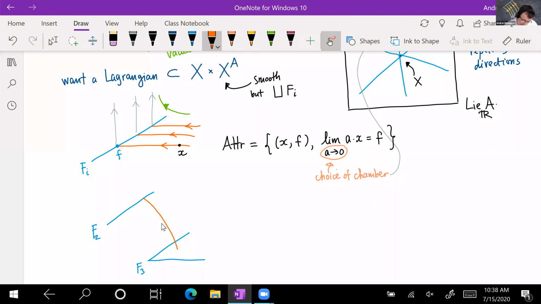What can happen is that the attracting trajectory of one hits another one. So this is a nice Lagrangian.